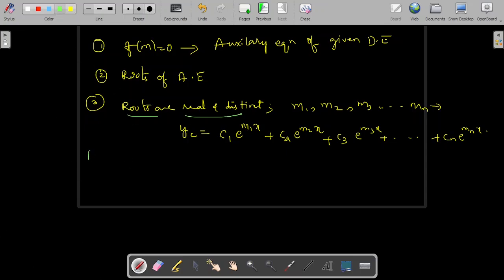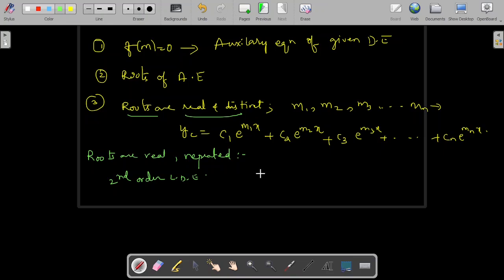Next case is if roots are real but repeated. Let us see how to write the complementary function. Suppose I take a second order linear differential equation, n equal to 2. So how many roots?